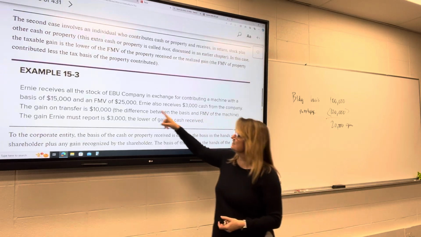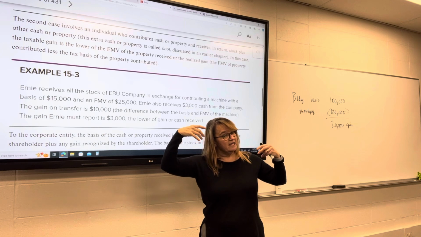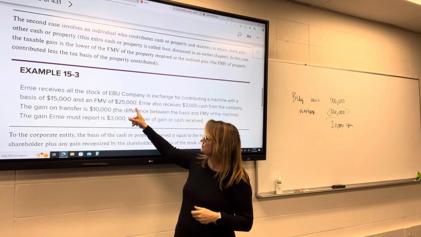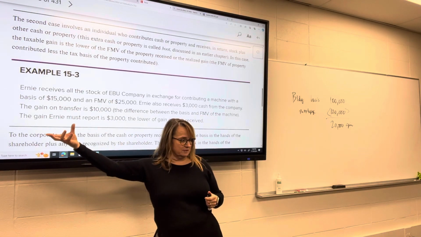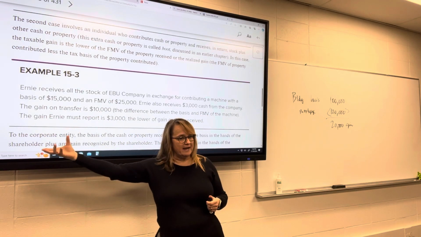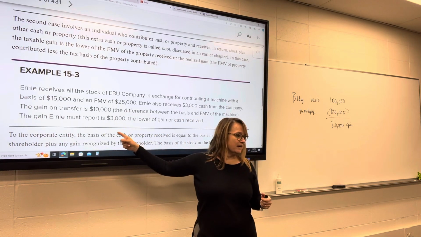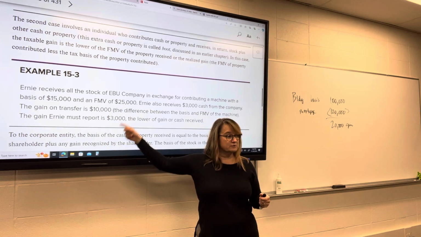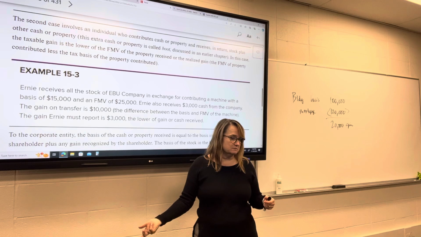Think of it, if he had sold this property for $25,000, he's got a basis of $15,000, his gain would be $10,000, right? We're going to compare that to the value of whatever it was that he received, which was $3,000, and whichever is lower is the gain that he has to recognize.